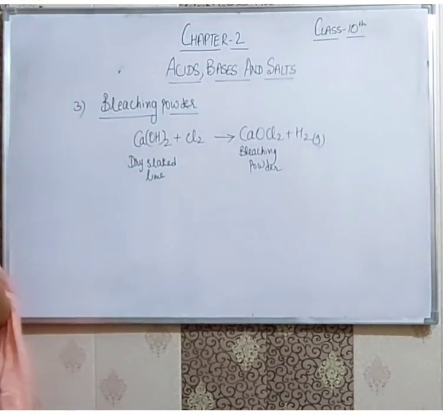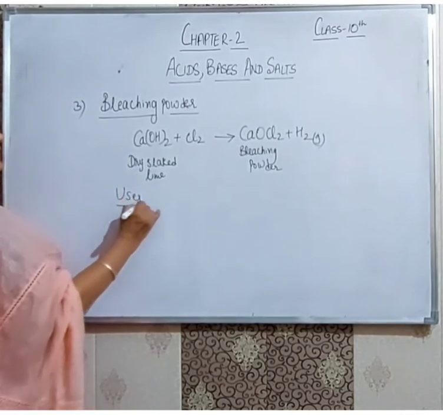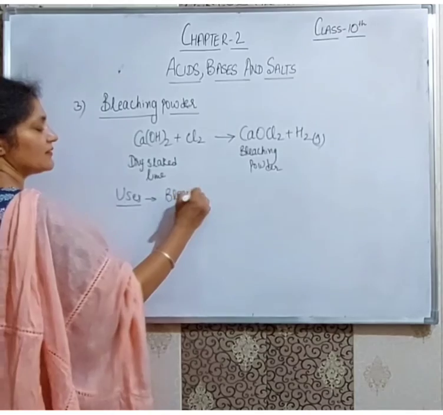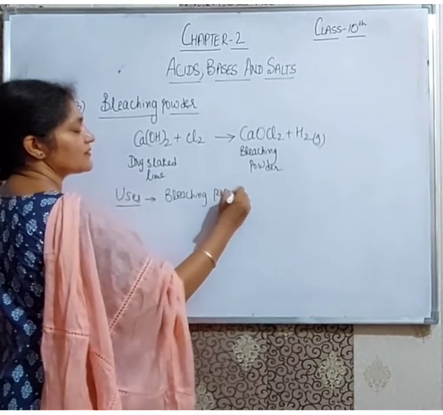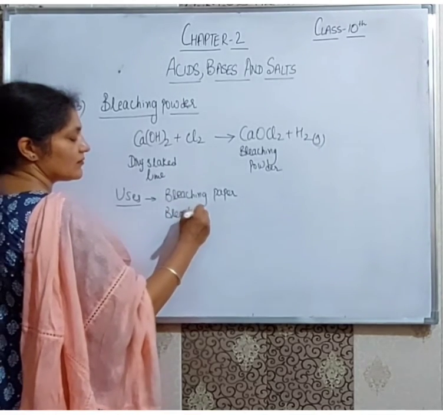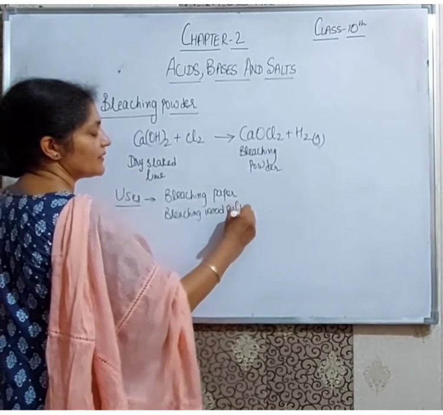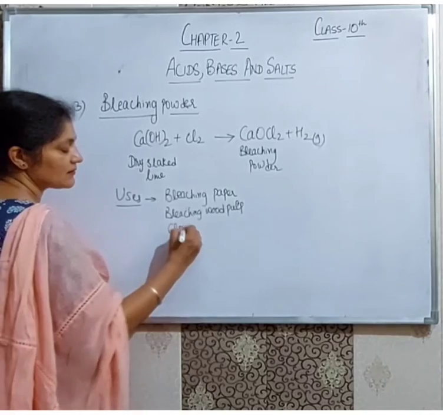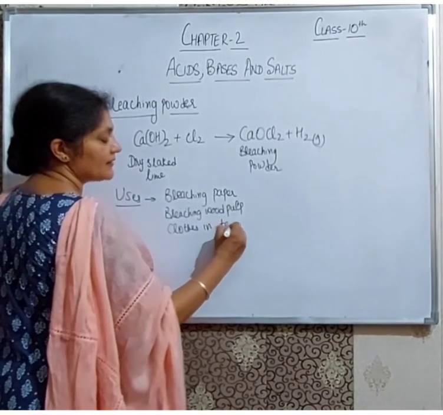Now students, this bleaching powder is used in many things. First, it is used for bleaching paper in the paper industry, also in bleaching wood pulp in the paper industry, and for bleaching clothes in textile industries.